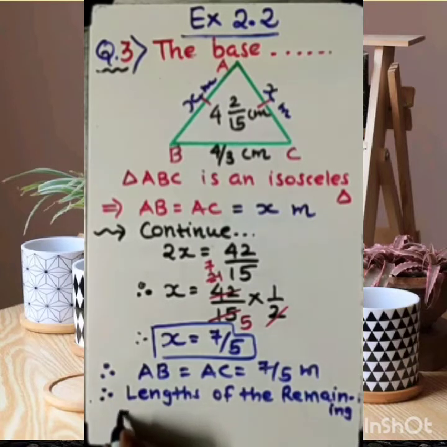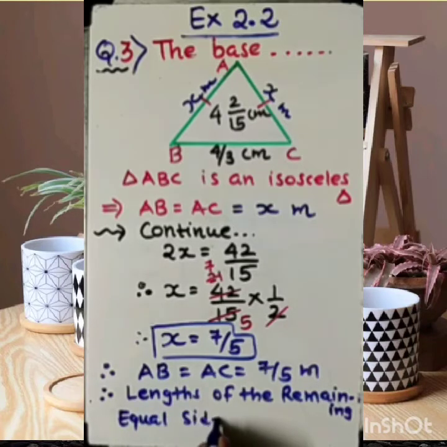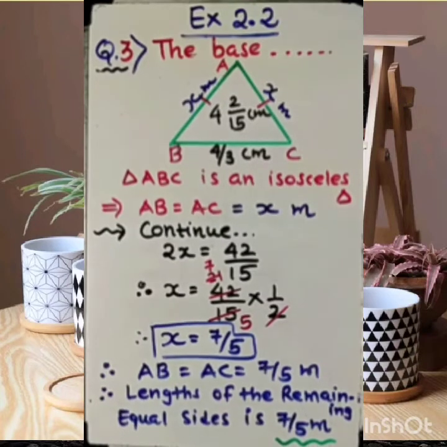Lengths of the remaining equal sides is 7 by 5 meter. Got it? Answer of this is coming 7 by 5 meter. So this is the solution for question number 3.